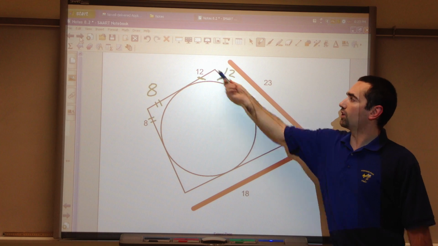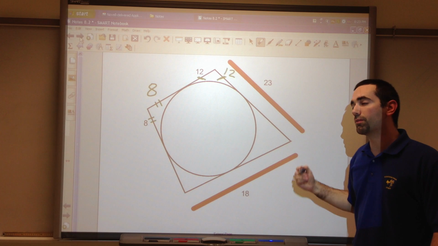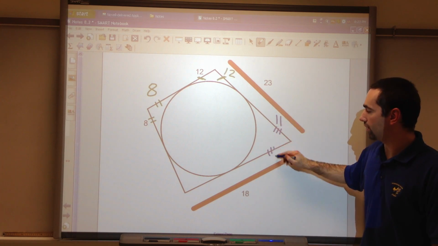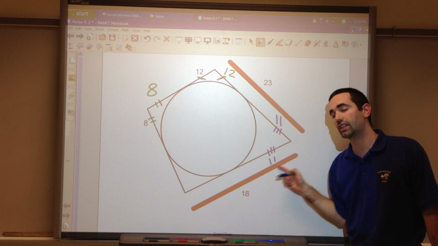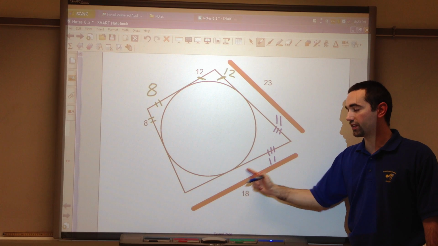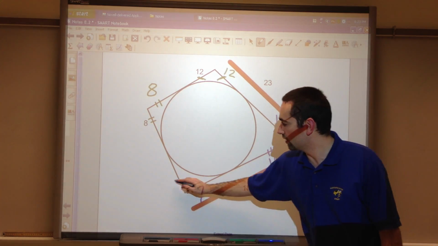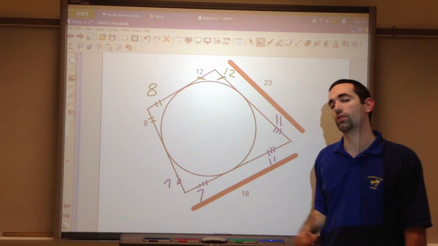Well, if this part's 12 and the whole thing's 23, 23 minus 12, 11. Which means this one down here is congruent, it's 11. Well, look, this whole thing's 18. This part of it's 11. 18 minus 11, 7, congruent. So this is also 7.